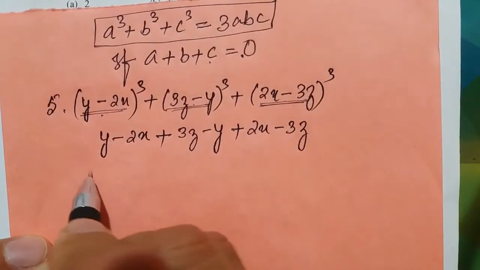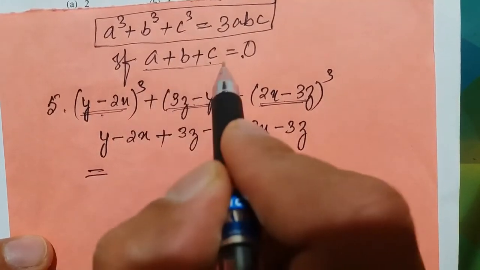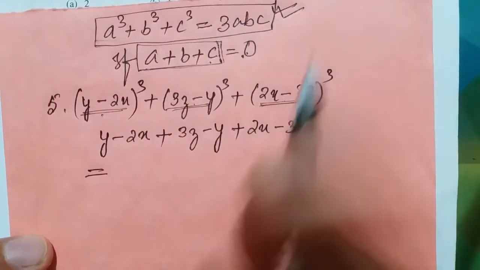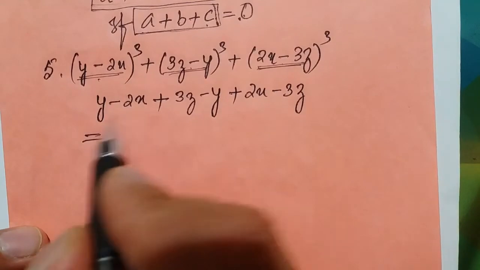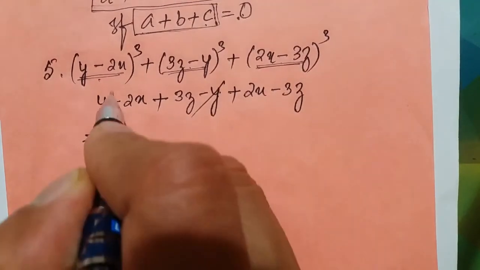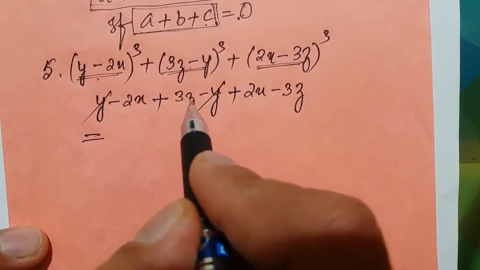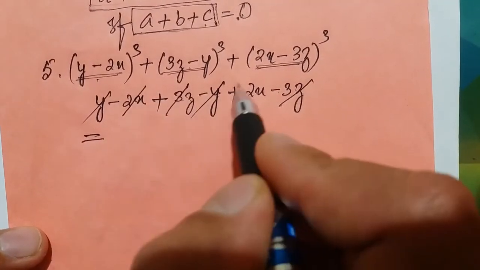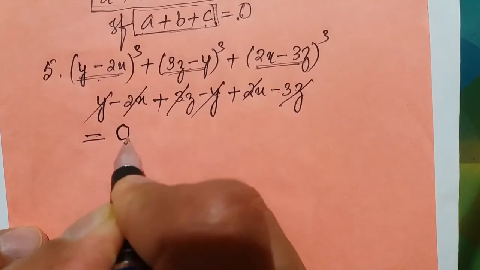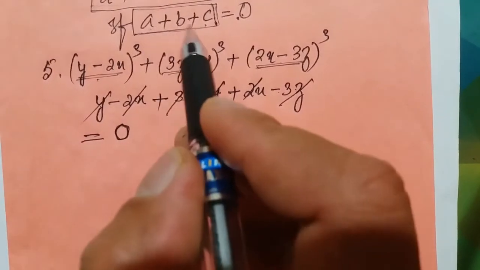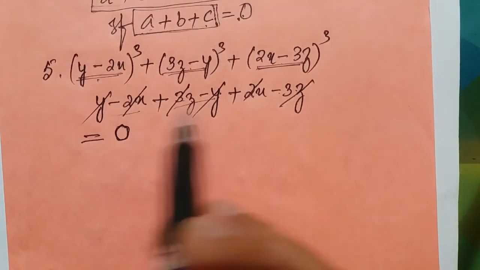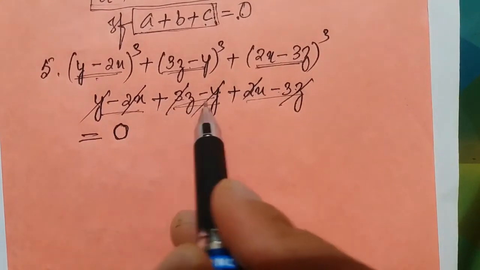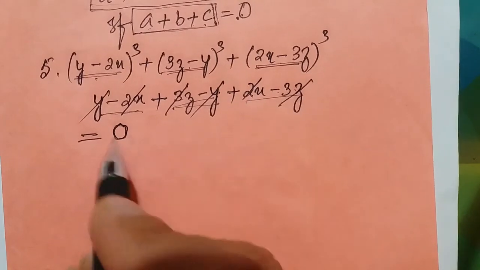Now if we get 0, then we can apply this formula. So here y minus y is 0, and 3z minus 3z is 0, and 2x minus 2x is again 0. So we get 0. So now we are getting that a plus b plus c is equal to 0.